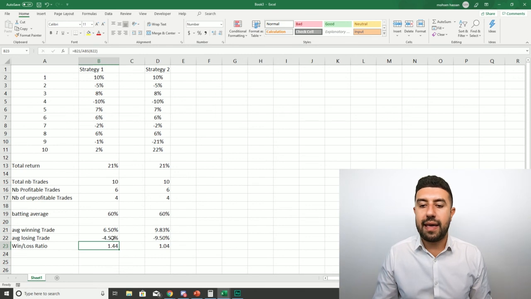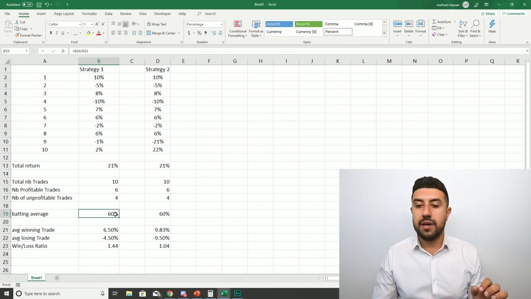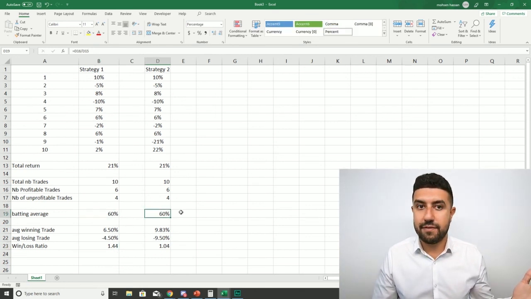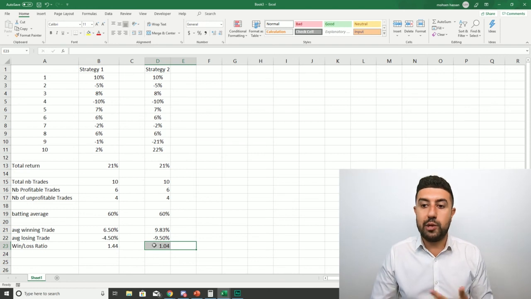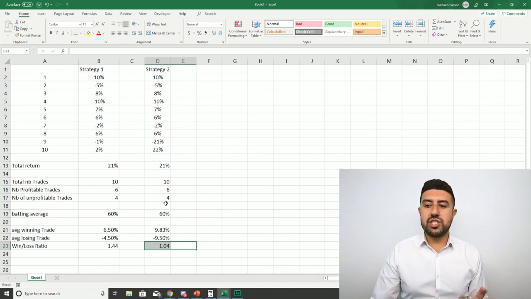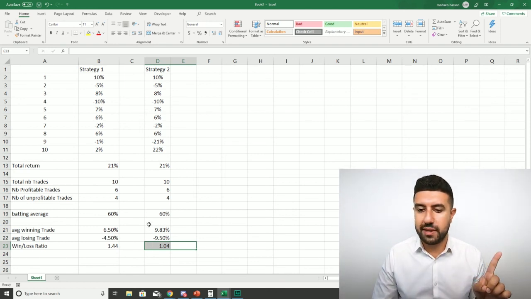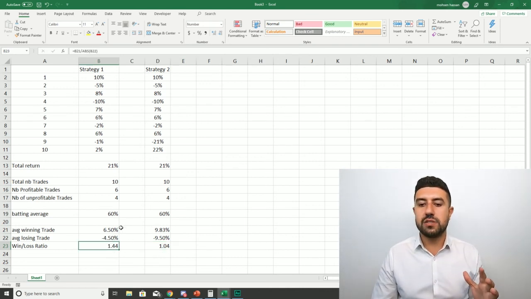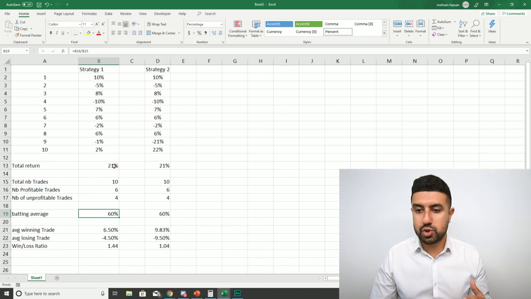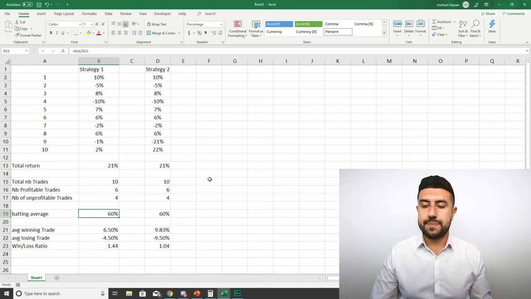So they go hand in hand. Somebody could have a 90% batting average, but when he loses, he loses way more. So his win-loss ratio might be like 0.2, and it's a losing strategy. So you can't just take a look at only one thing. You can't take a look at just win-loss and not batting average. You have to look at win-loss, batting average, how much total return you're doing, all of this stuff.